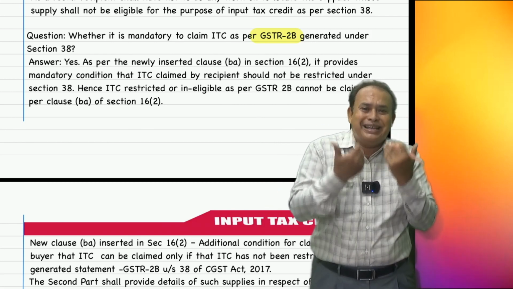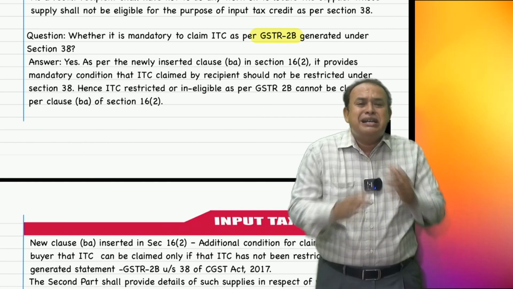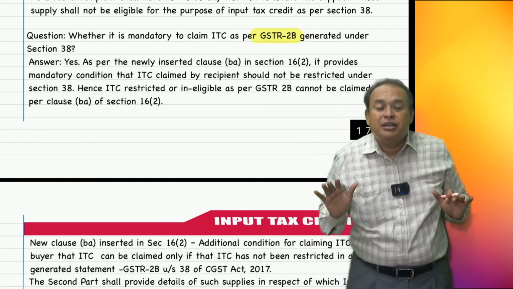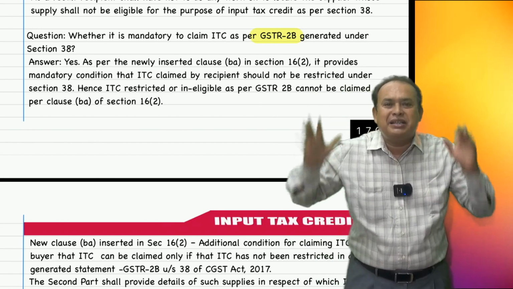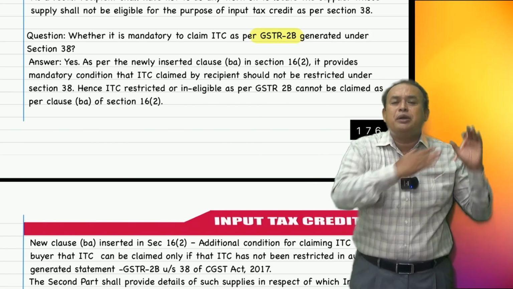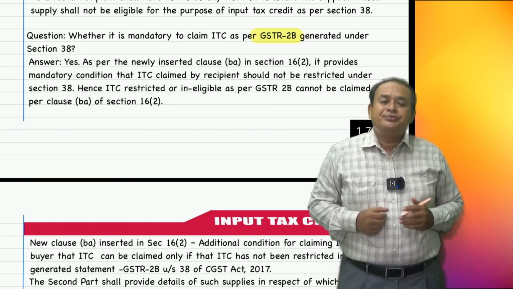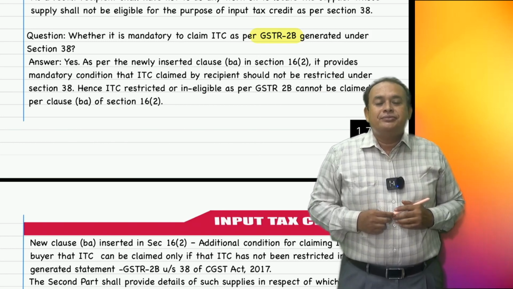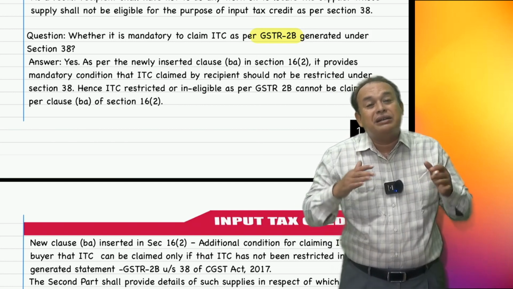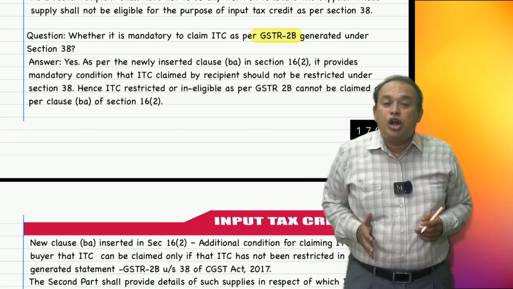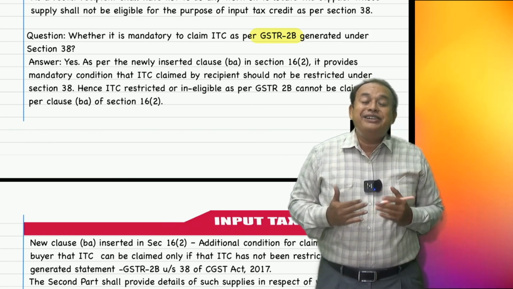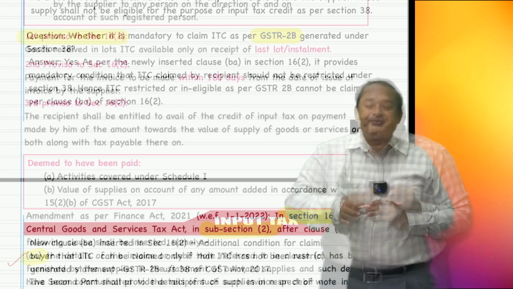So you, being a taxpayer, recipient, need not bother about whether it is eligible credit or not. If it is eligible, confirmed by GSTR 2B Part 1, that only you can avail and utilize. Thereby it reduces the number of litigations with regard to availment and utilization of input tax credit.